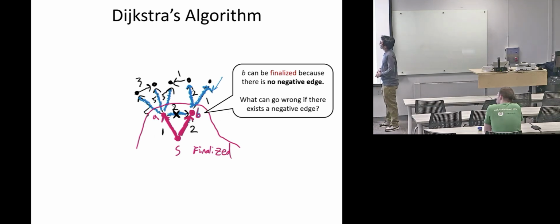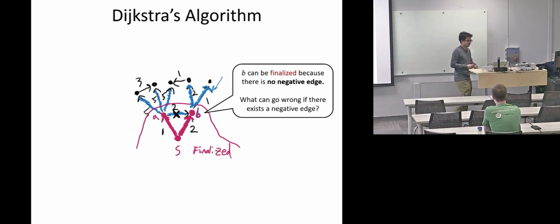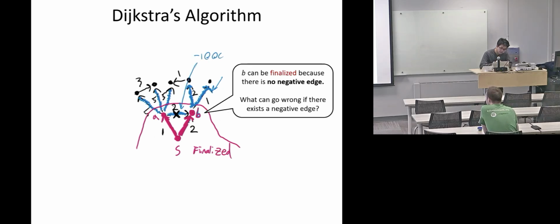Can you give me an example if we allow negative edges? What would be the scenario where we cannot really finalize B? So maybe if on one of the fives there was a negative 100 that went to B, then the shortest path from S to B would be to go through that negative 100 instead of through the 2 here.